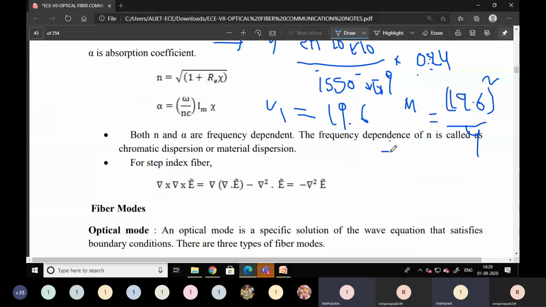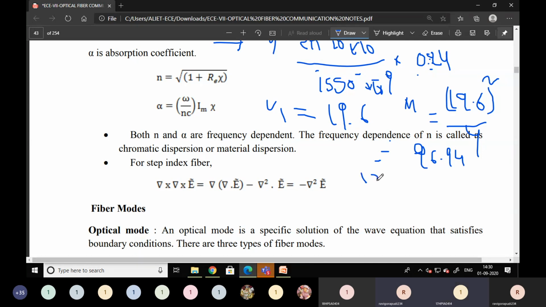Nearly you'll get 96 point something. So M is 96.